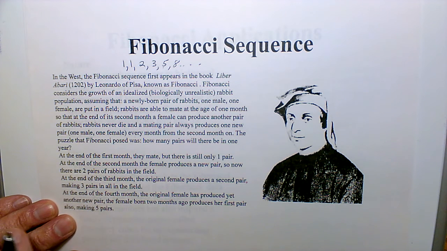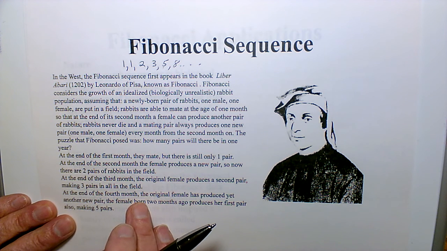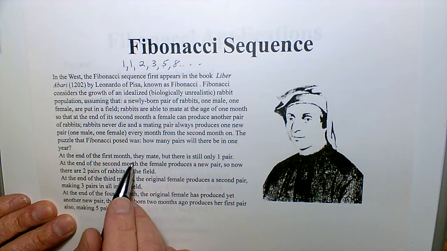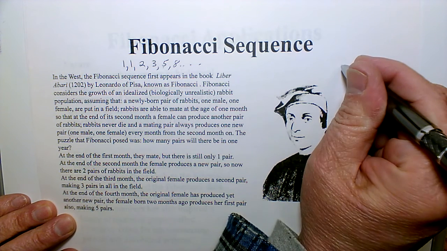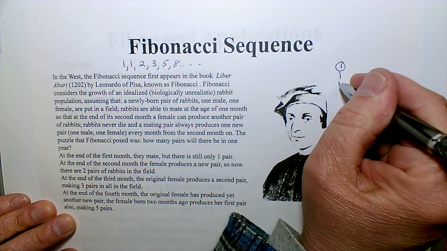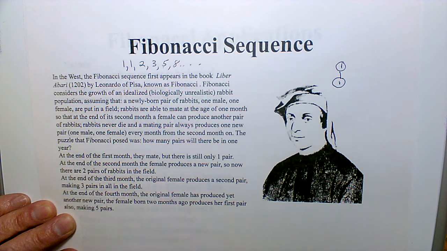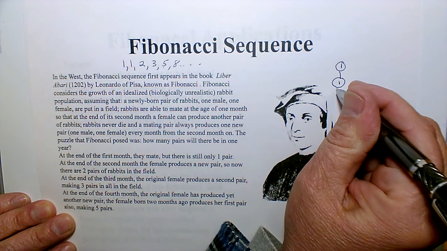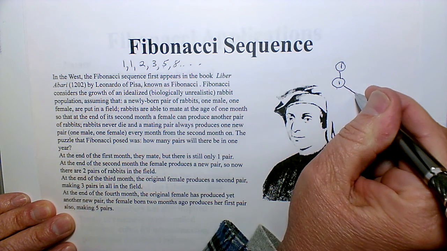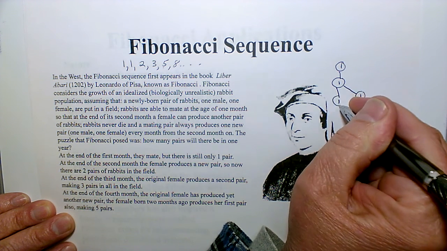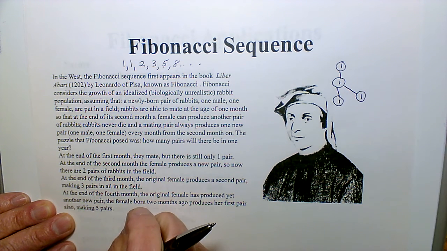The numbers here represented the pairs of rabbits, and you can read through the problem a little bit, and basically it says what happens is you start out with 1 pair of rabbits, but they can't reproduce during the first month, so you still have only 1 pair. But then the next month, that pair produces another pair, and you still have the same original pair of rabbits.